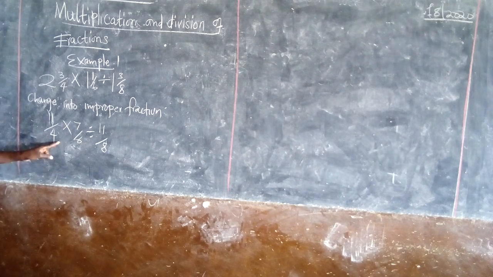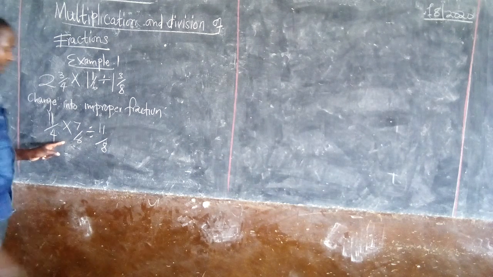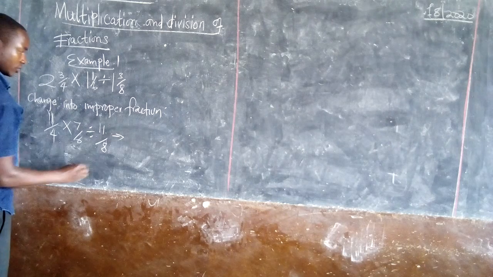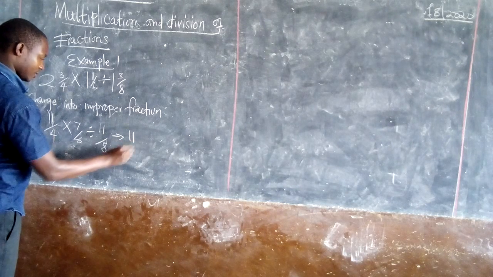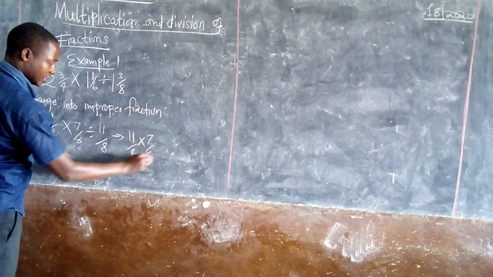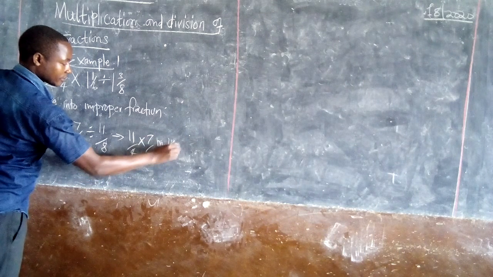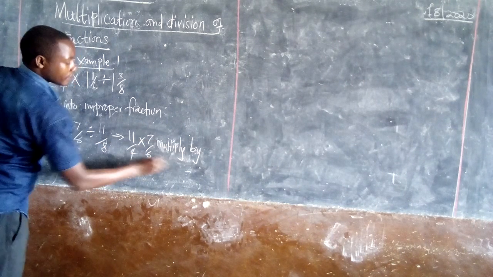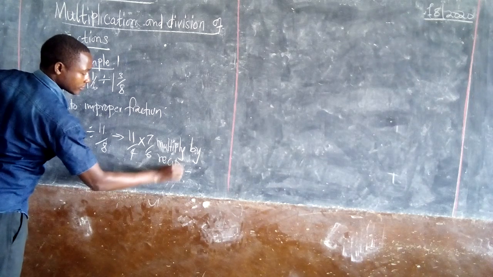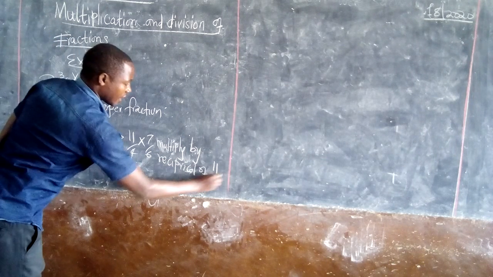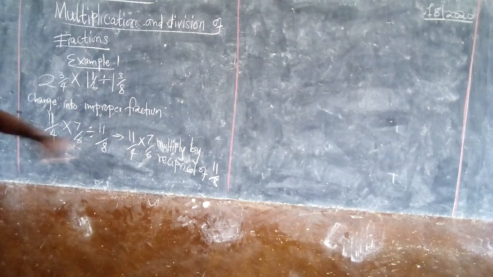Once you change into improper fractions, the next step is you multiply by the reciprocal of 11/8.